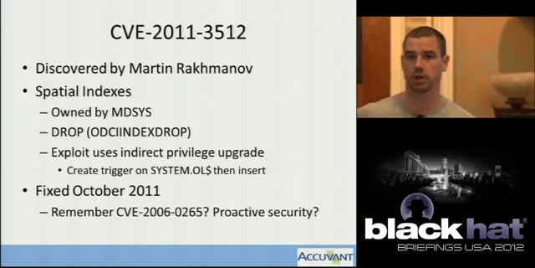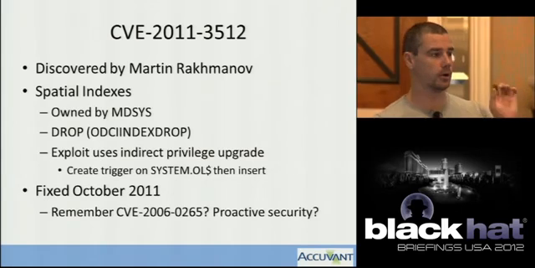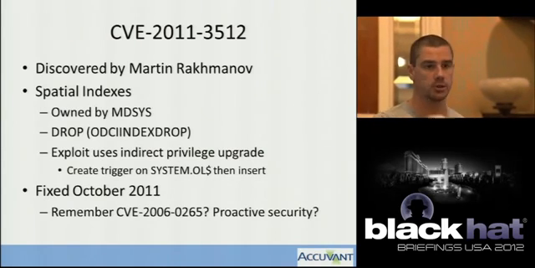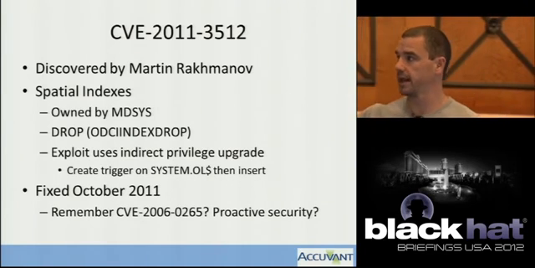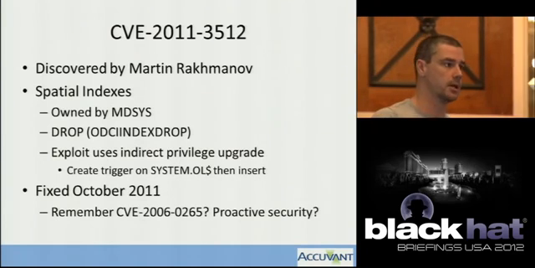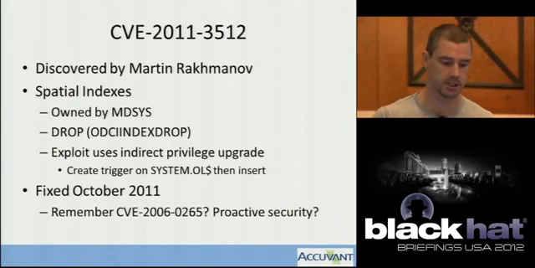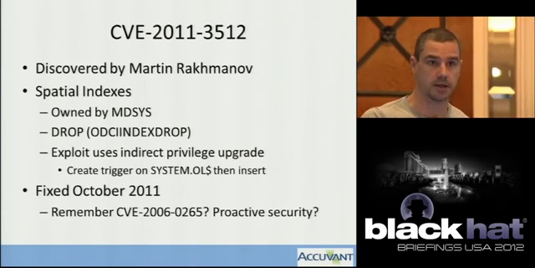So what we do is create a trigger on this system table, looking for inserts. Once we've created the trigger, the trigger calls our nefarious function, which gives us DBA. So when we then insert into the SYSTEM.OL$ table, the trigger fires, which calls our function, which then grants us DBA privileges. Now, I'm not going to demo that because I'm patched against that.